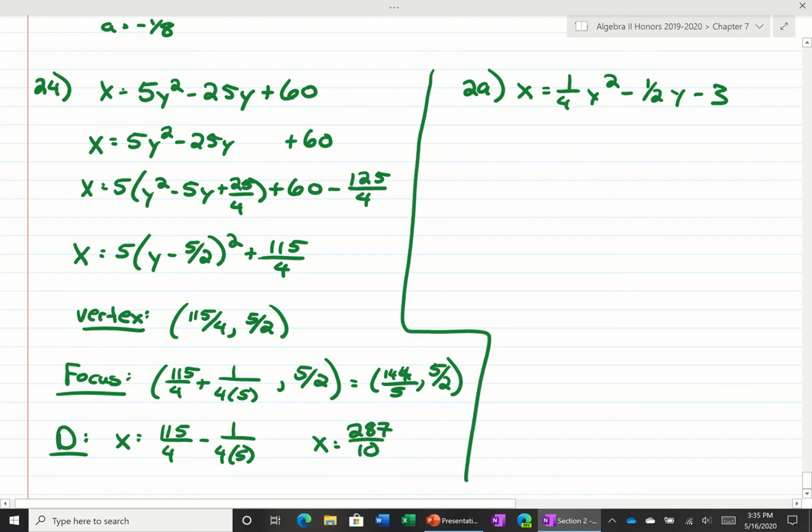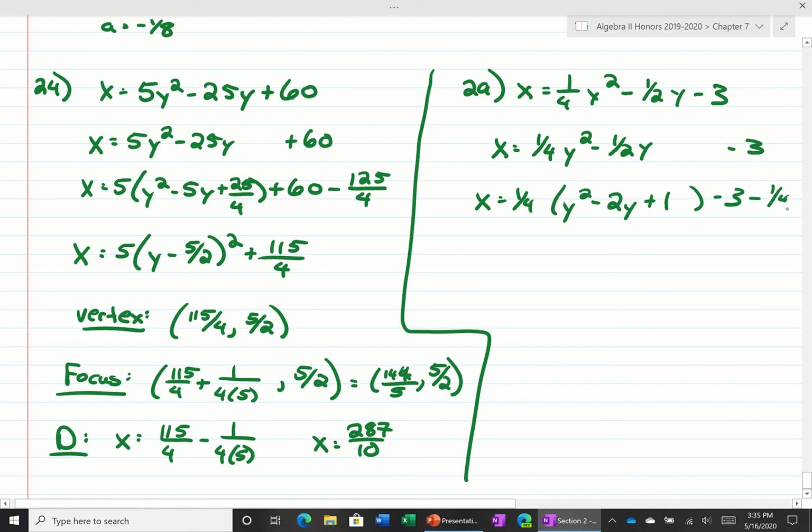For number 29, let's complete the square by getting our variables by themselves first. Take out the 1/4. Take half of the middle and square it. 1 times 1/4 is 1/4, so we're going to subtract that.